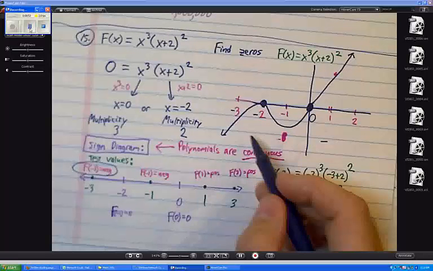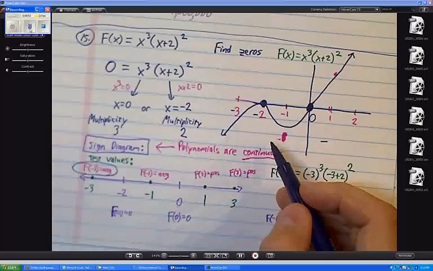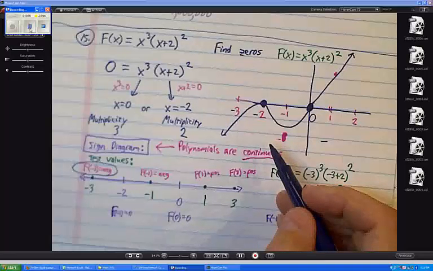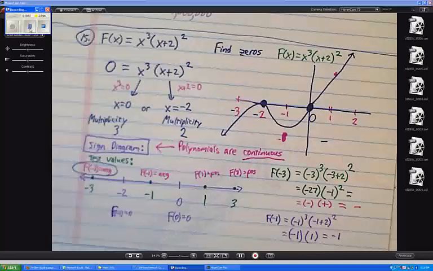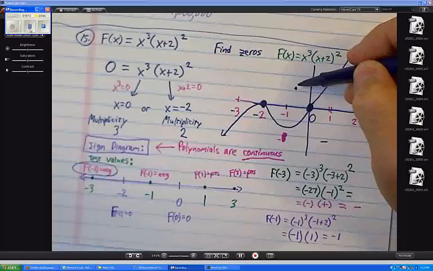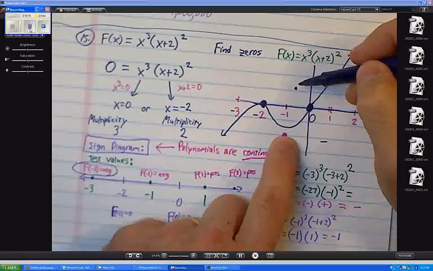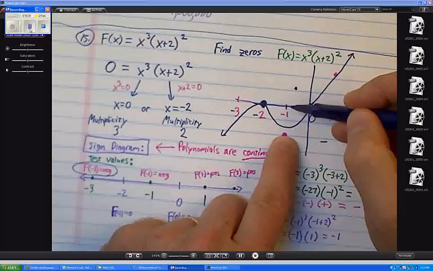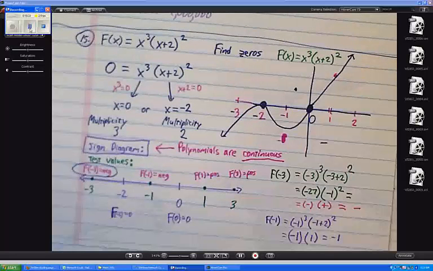It can't be positive anywhere. Do you guys follow this idea? See, if you think it's positive somewhere, like up here, I'm going to argue, no, it's negative at negative 1. And if it were positive up here, somewhere in between, we'd have to have a 0. And we don't. We know where the zeros are. We know the only places it's going to cross the x-axis. That helps me get a sketch.